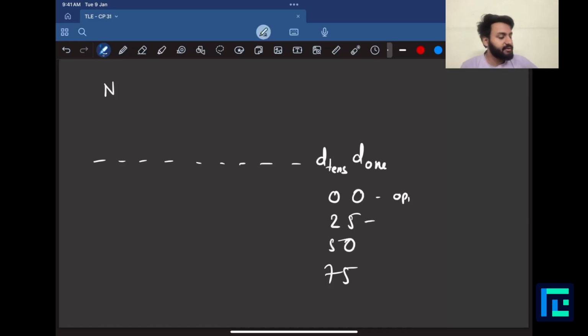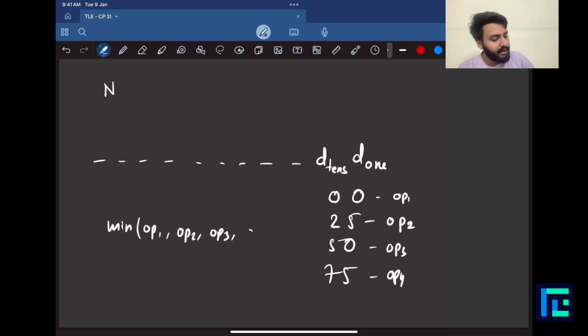Let's say to make these last two digits 25, the count of operations is OP2. Let's say this is OP3, and let's say the count of operations over here is OP4. Then isn't your answer any one of these? And what exactly is your answer among these? Of course, the minimum. So the minimum of OP1, OP2, OP3 and OP4 is actually your answer.